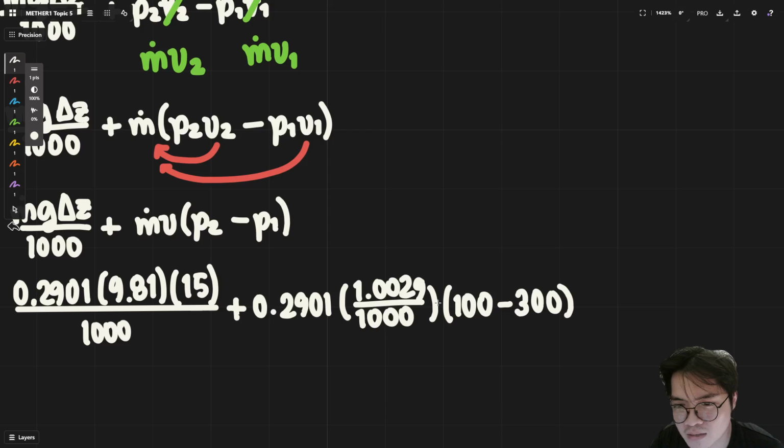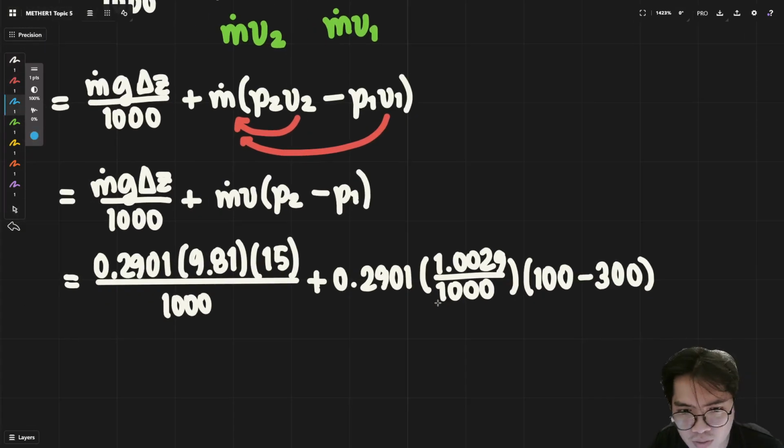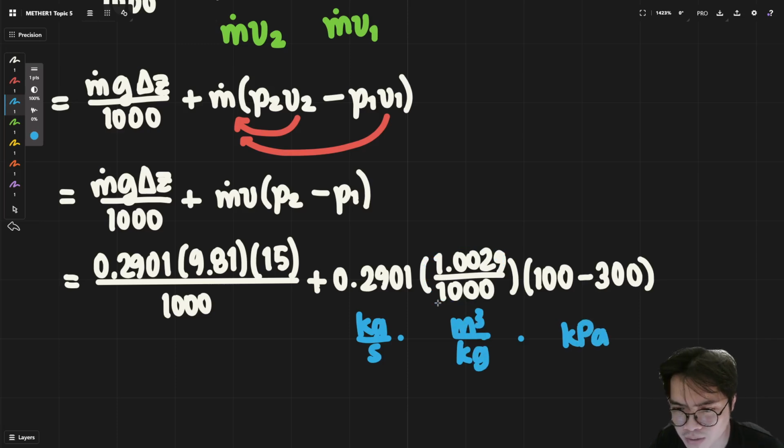So you might be thinking, why kPa? Let's just have a little go at the units. Kilogram per second right here. And here, this is meter cube per kilogram. And then this is going to be in kPa. If we expand this, it just becomes kilonewton per meter squared.